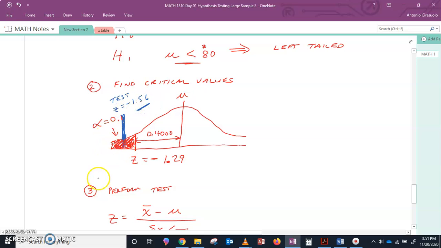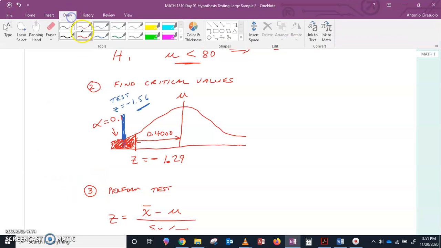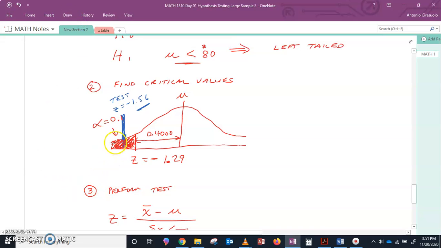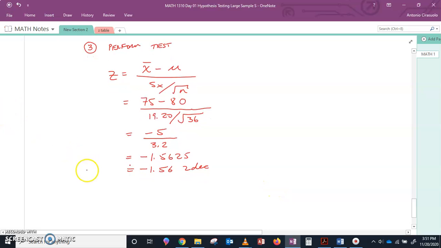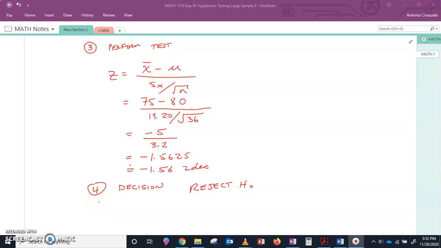When we make our decision, what is that telling us to do? Since it's in the critical region, we are going to reject H naught. So our decision is to reject H naught. Let's go back and revisit.